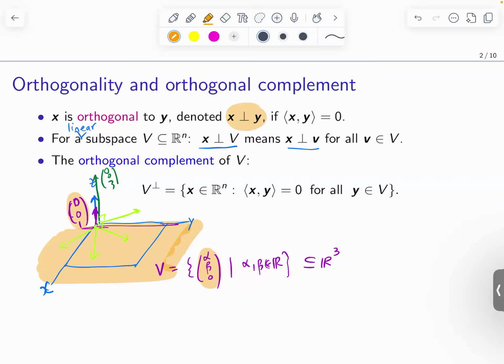So it doesn't matter what alpha and beta are. It's always going to be 0. That's why it's called linear algebra, because you can argue about geometry using algebra. You take the algebraic inner product, it would be 0. Intuitively, it also matches our intuition that this vector is off the plane. Okay, sounds good.